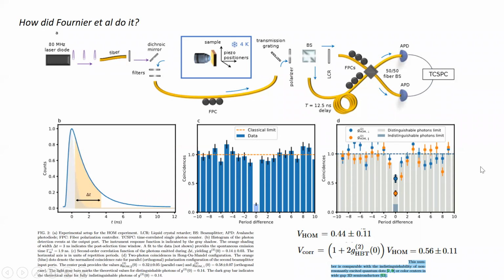Say anyone does this experiment, but they get a visibility of 0.1 or something very low. Can you still say, look, this is clearly two-photon interference, or is there a cutoff where you say this is probably not legitimate, or doesn't it really matter?